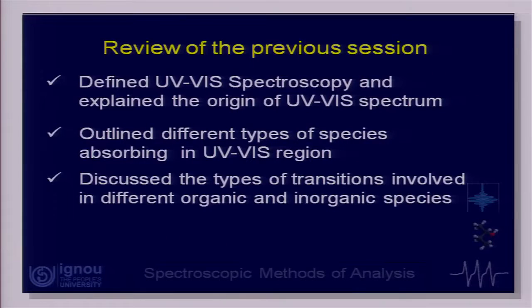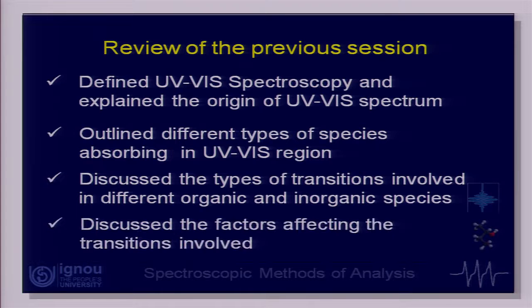Thereafter, we talked about the possible kinds of transitions in all these species, and how these transitions are getting affected by different factors. That was taken up towards the end of the last session.